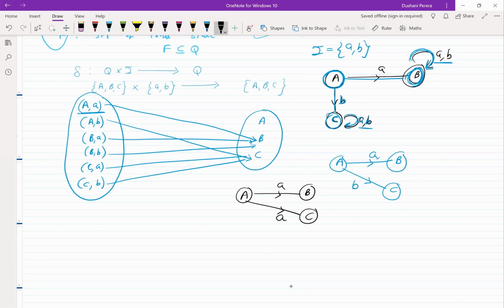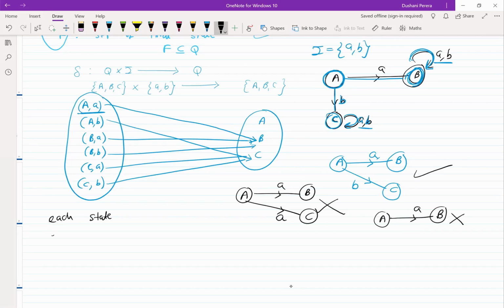One input symbol will only take you from one state to another state. Okay, so these are not allowed. This is what is allowed. And this is also not allowed because a transition on simple B is not defined.